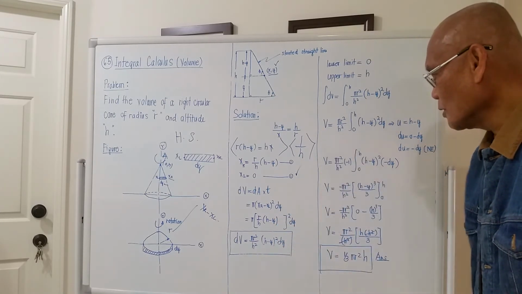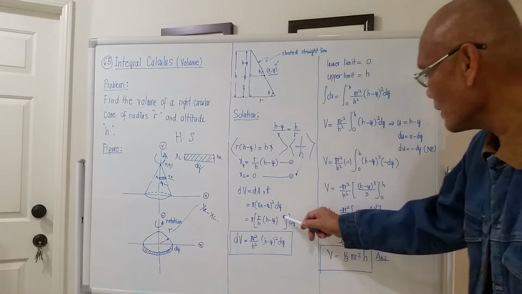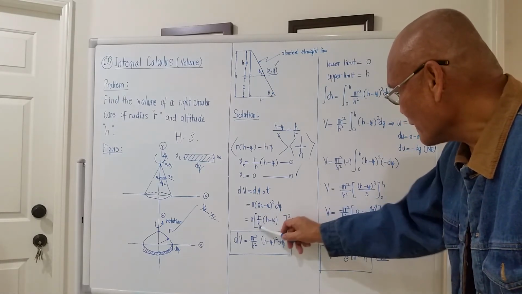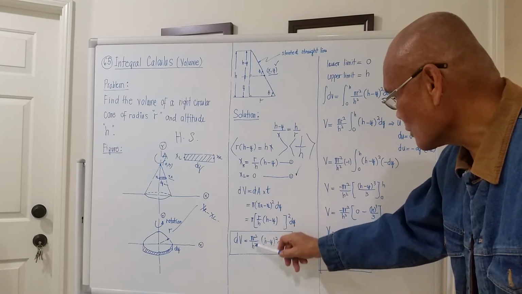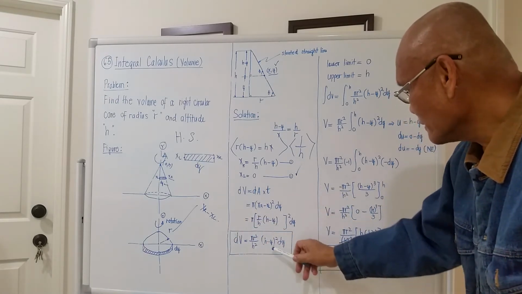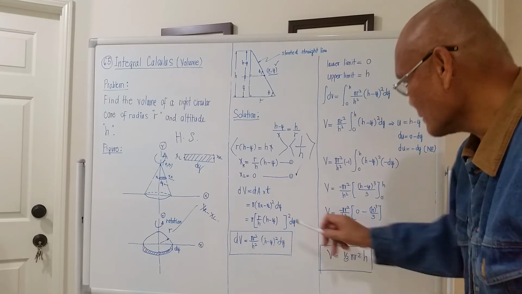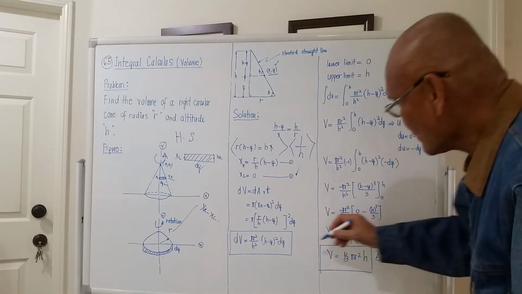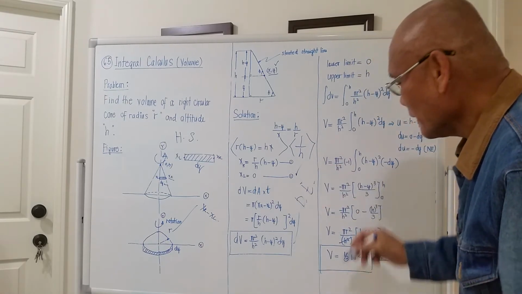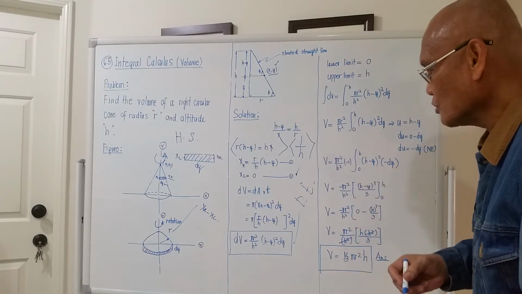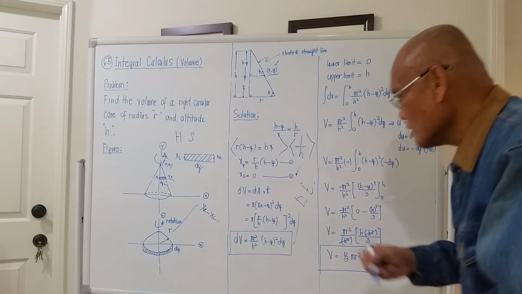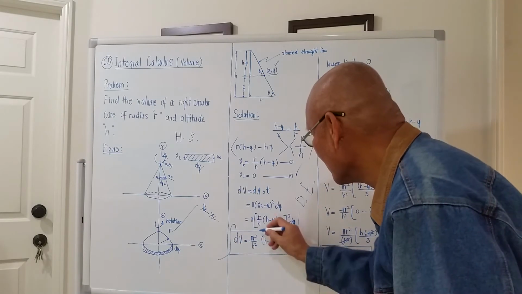Therefore, differential volume will be, we square all terms inside. So r over h squared is r square over h square, I bring it out already, times pi, times the quantity h minus y squared times dy. This is now a differential equation. To bring out the relation of volume in terms of radius and h, we must integrate both sides.